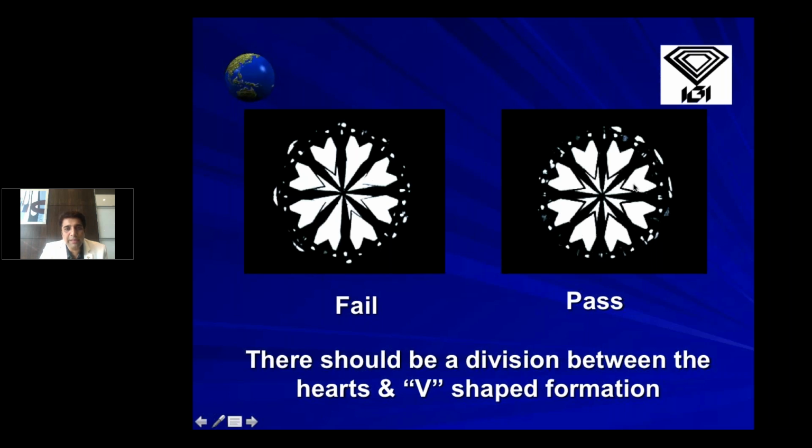That should always be there. If you come to the stone on the left, you will notice that the hearts and the V-shaped formation look like they're joined. There's no gap or distance between them. So this stone on the left would fail, while the right one would pass.